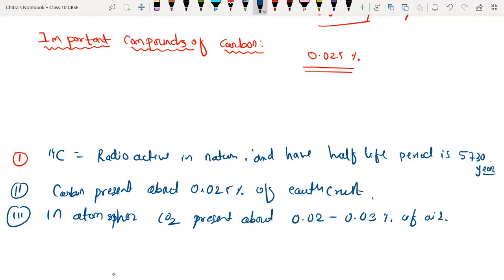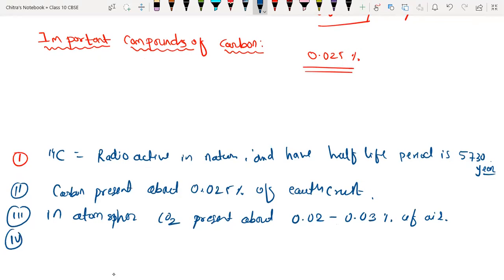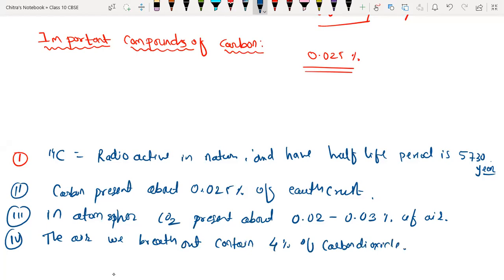And the air we breathe out during exhalation, as part of the respiration process, contains 4% carbon dioxide. Okay, everyone? Yes, sir.